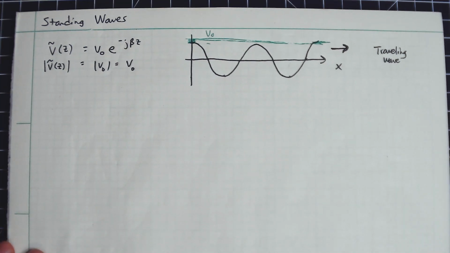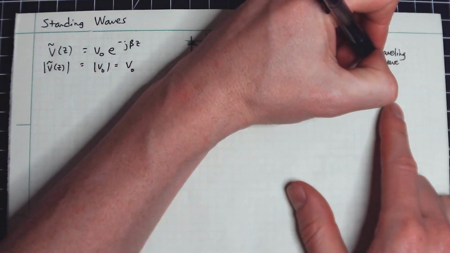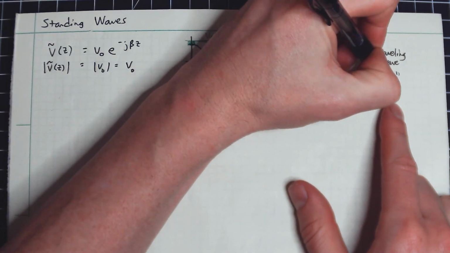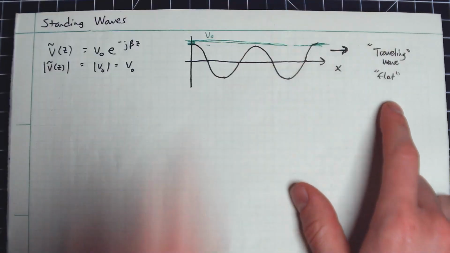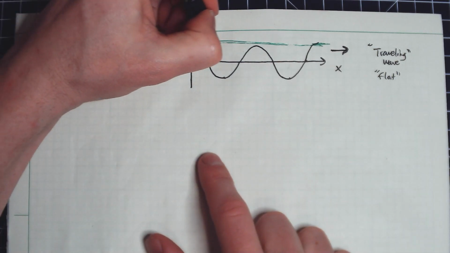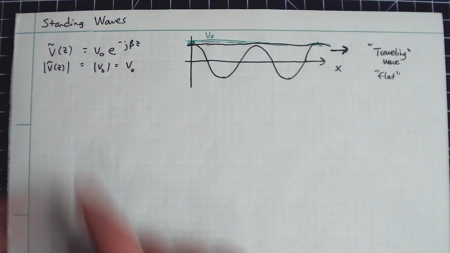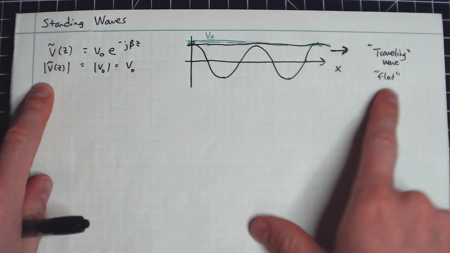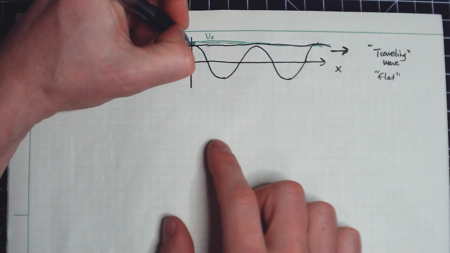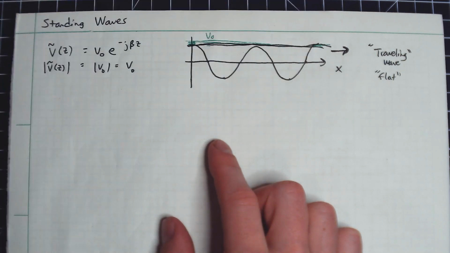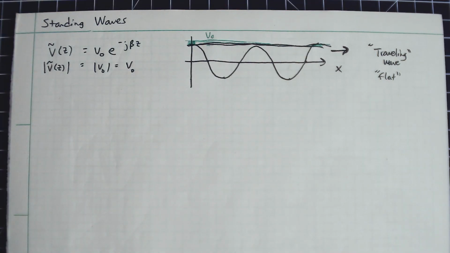So in this sense, it's common to refer to a wave like this also as being a flat wave, because it has the same constant amplitude throughout all space, like that. So its phasor amplitude is the same everywhere because the peaks here would just skirt that little level there. So flat.